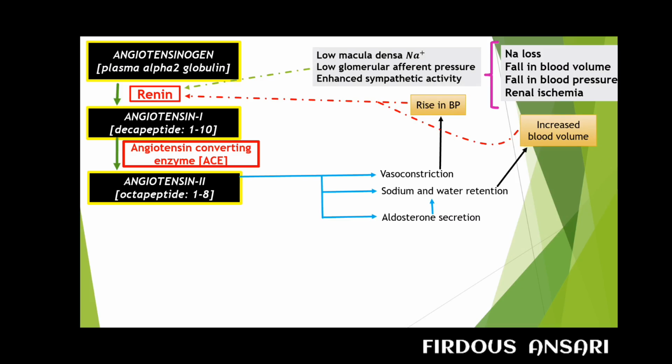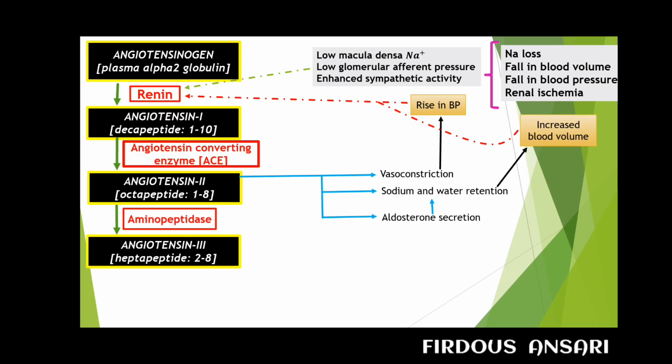Now this circulating angiotensin 2 also has a very short half-life, about 1 minute, and the first degradation product produced by the action of the enzyme aminopeptidase is a heptapeptide termed angiotensin 3. Angiotensin 3 is 2 to 10 times less potent than angiotensin 2, except in stimulation of aldosterone secretion, in which it is equipotent.